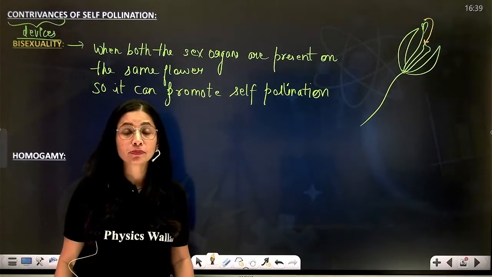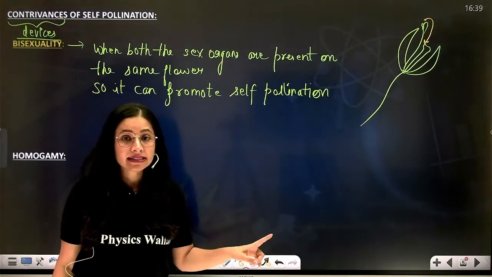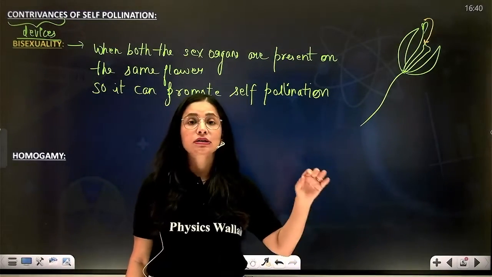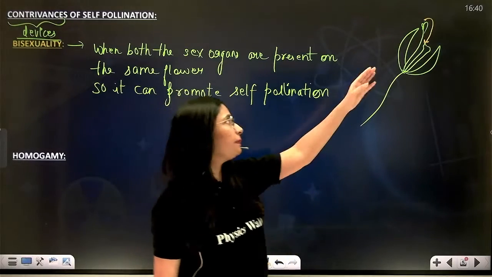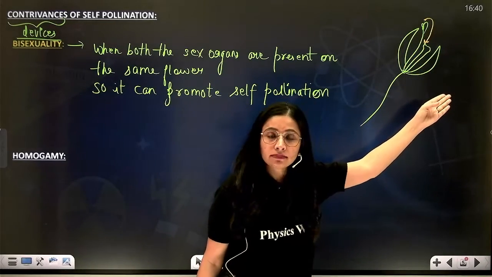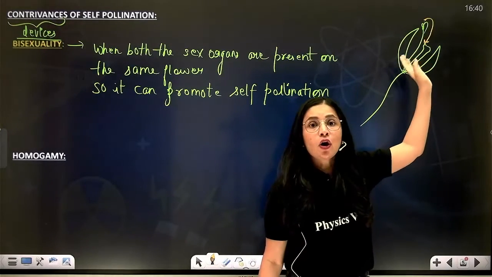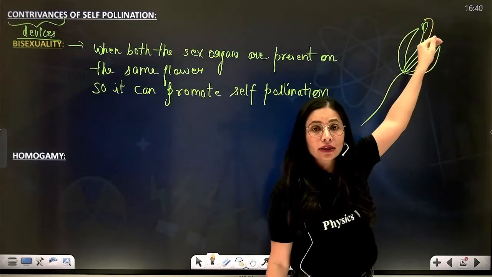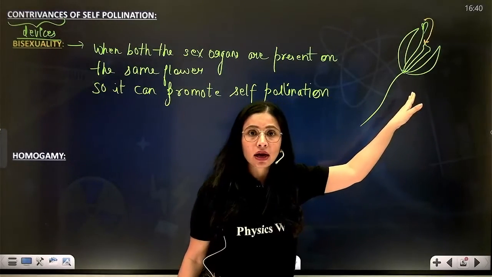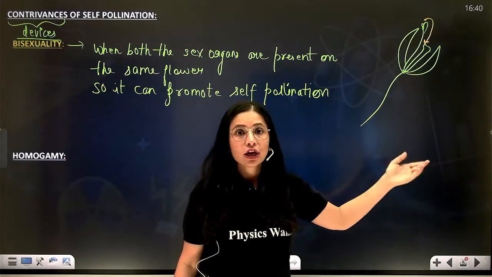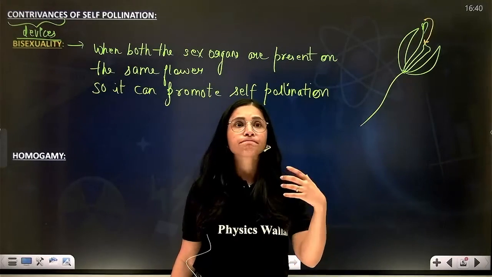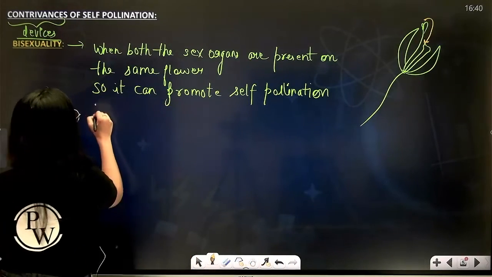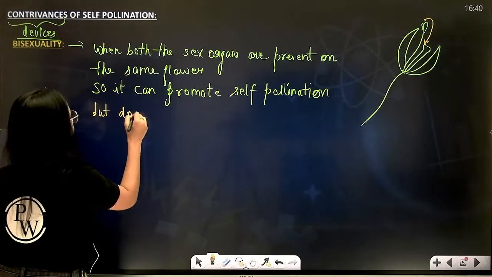No. Bisexuality will promote self-pollination but cannot guarantee, because there is a high risk that maybe pollen grains do not fall on the stigma, maybe they are carried away, or maybe there is some barrier between them, because of which the same pollen grains are not able to land on the stigma, and so many other maybes. So bisexuality is one of the devices that promotes self-pollination but does not guarantee it.